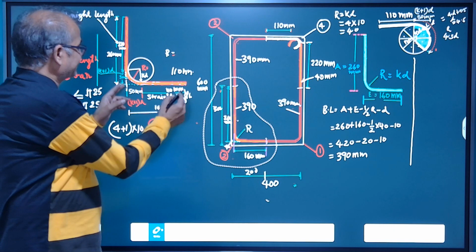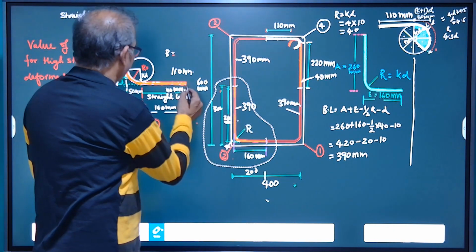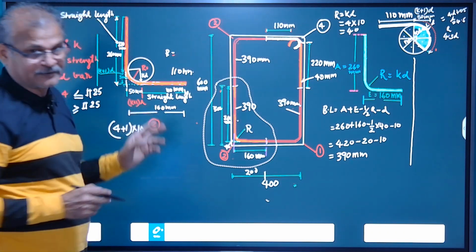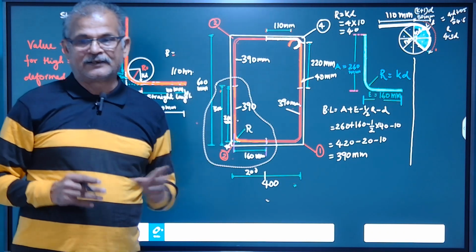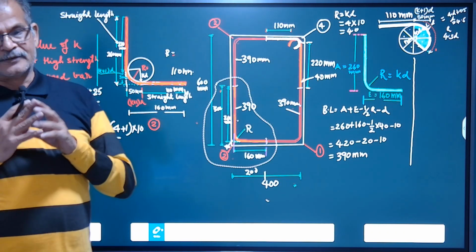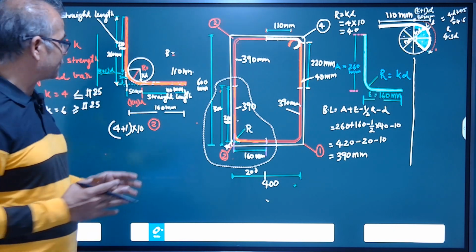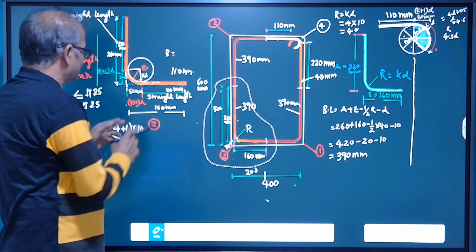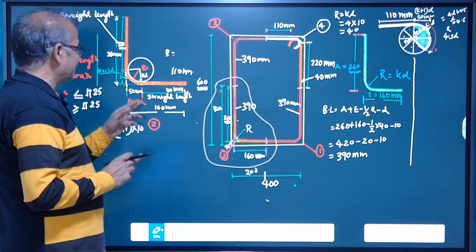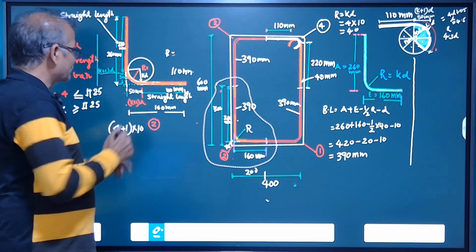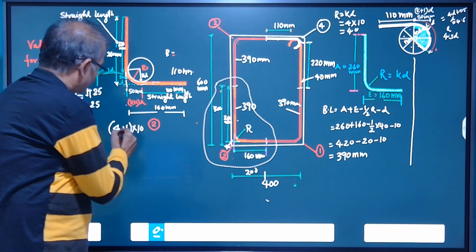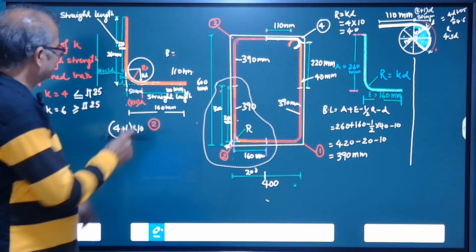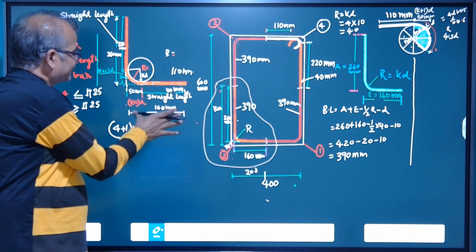Now this is 160 mm. We already know this is 160 mm, and this curved portion is (K plus 1) times D. We had already studied it, and it is given in IS 2502. The value of this length will be (K plus 1) into D. K is 4, so (4 plus 1) into 10 is 5 into 10, so this will be 50 mm, and the total length is 160 mm.